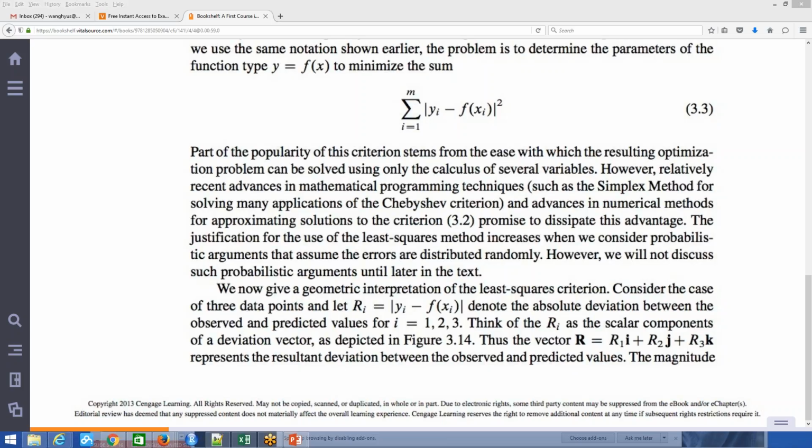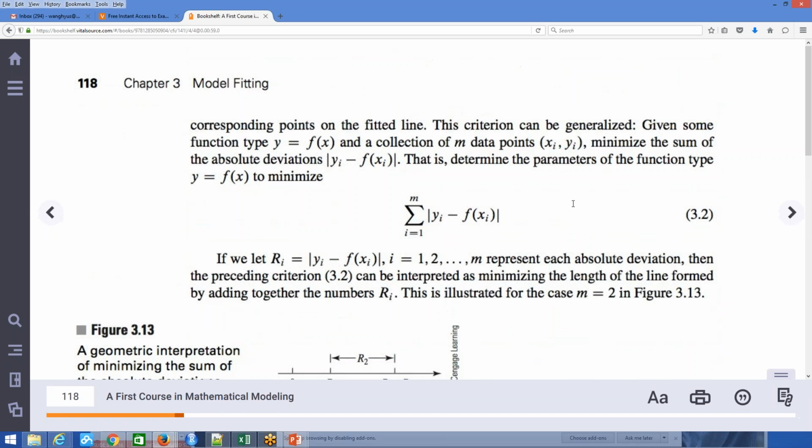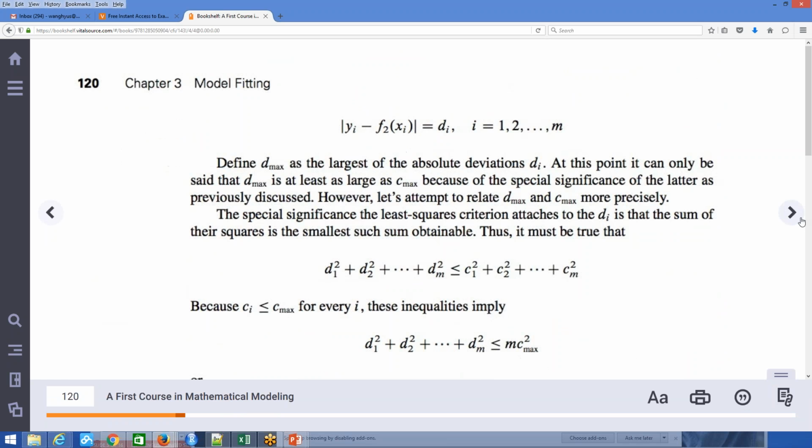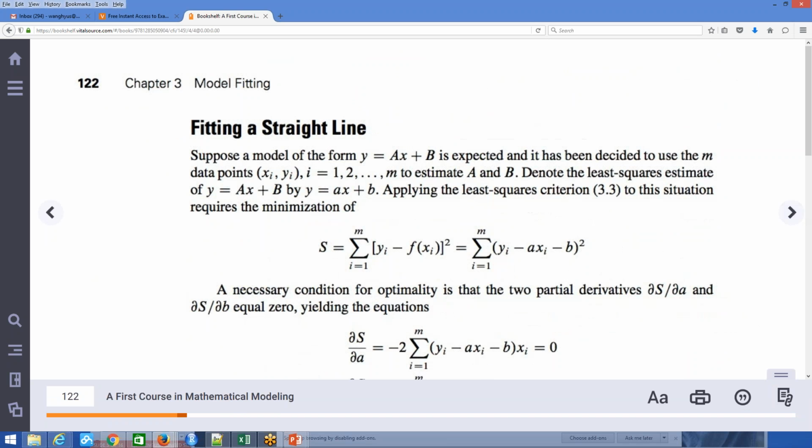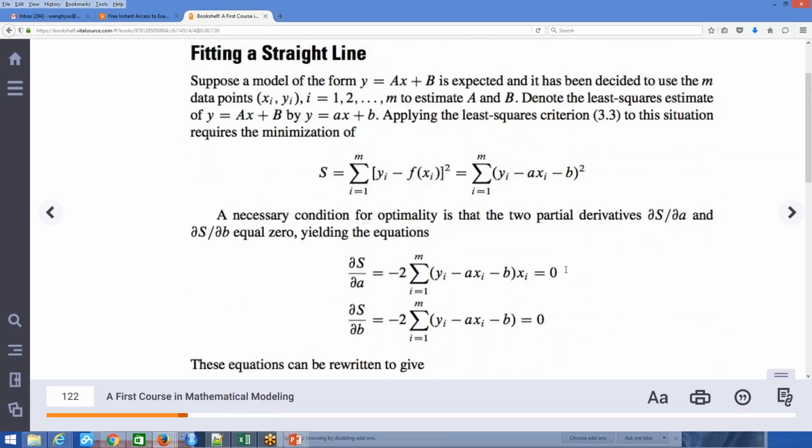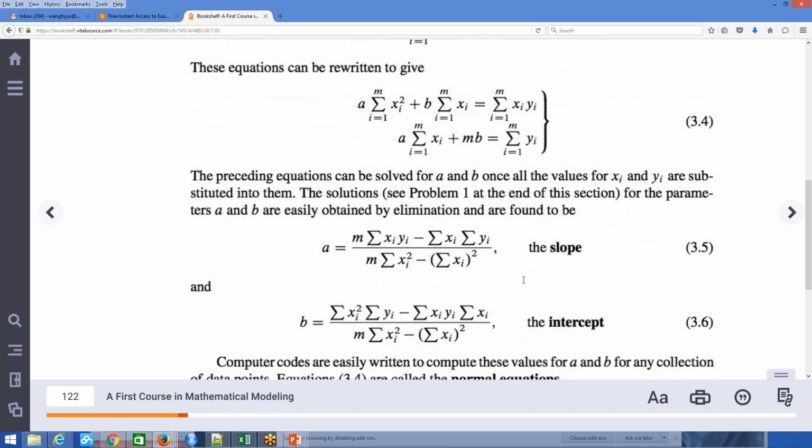Mauricio has this question with respect to the two least squares equations on page 122, equations 3.6 and 3.7.